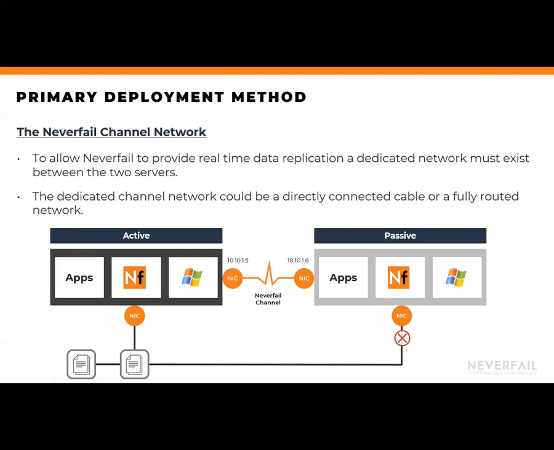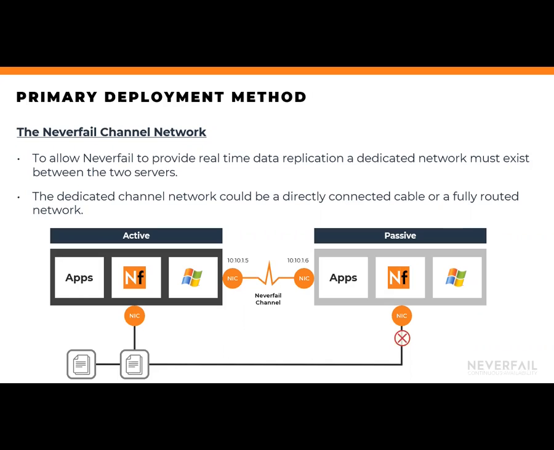And so let's now talk about how the channel works. The Neverfail channel provides real-time transfer of the replication data, either over the existing network or even a dedicated network, right? So we talked about offloading it to a replication VLAN. That is possible. It can also run over the production network, over the same subnet that your public IP address is on.